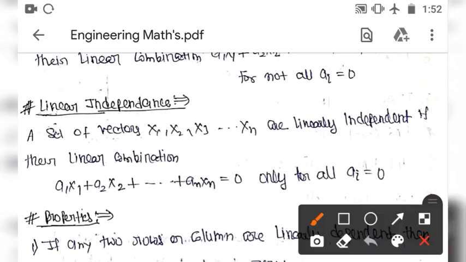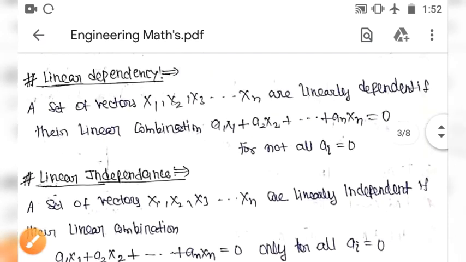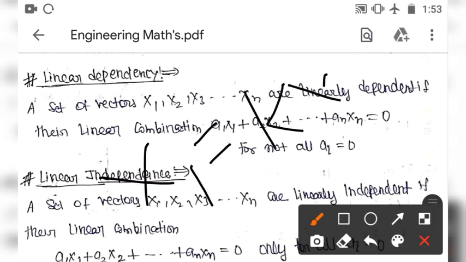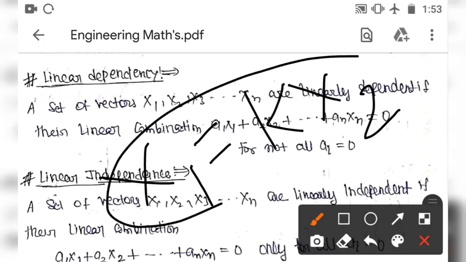Dependency means we can write one vector as a scalar multiple of another vector. If we are able to write one vector as a scalar multiple of another vector, that system is linearly dependent. If we are not able to write it in this form, they are independent of each other.